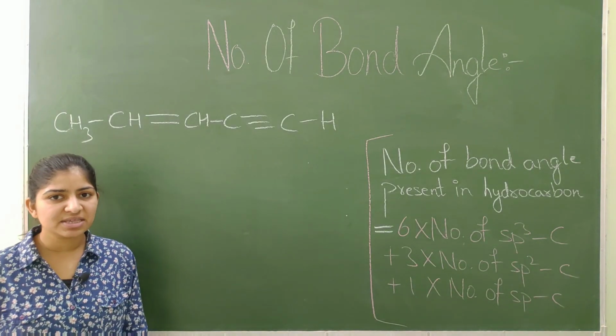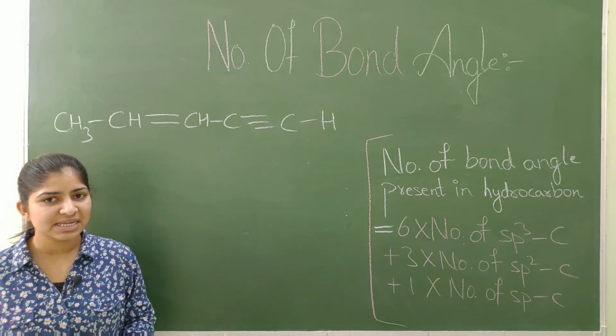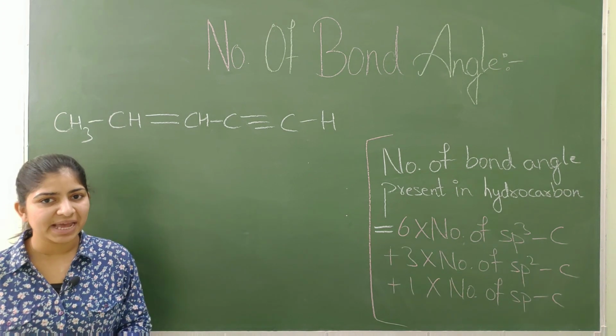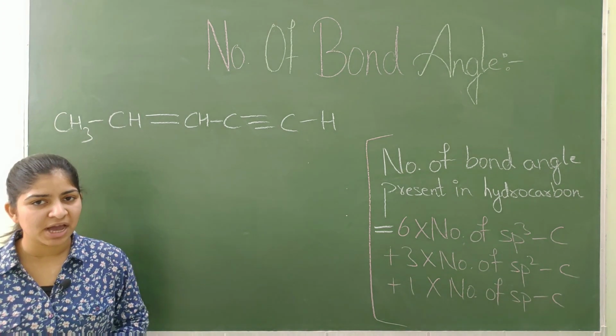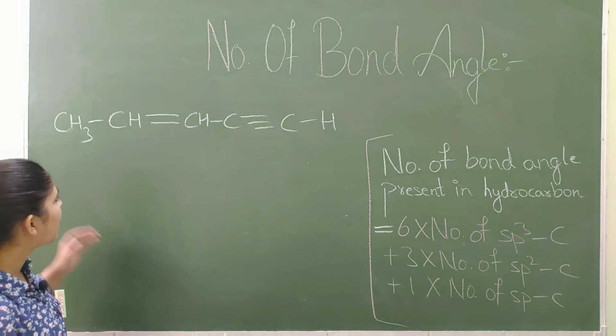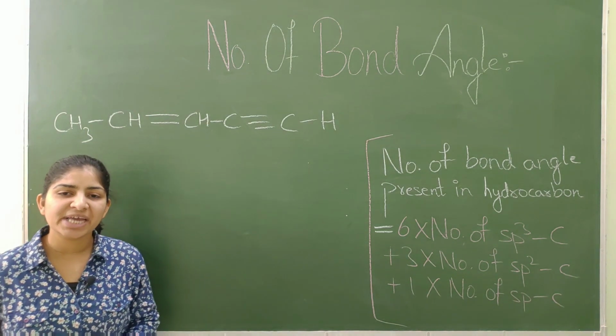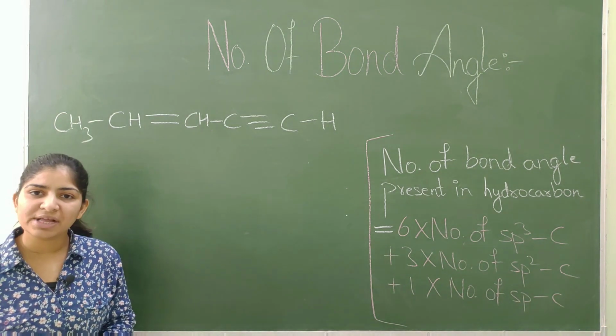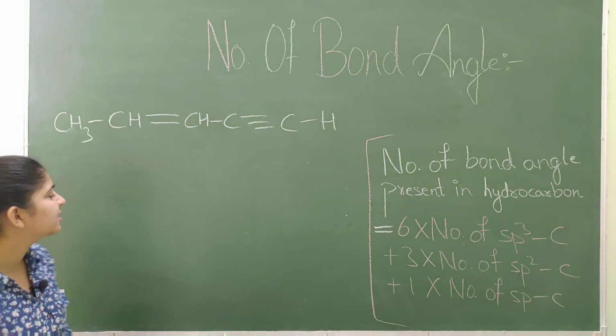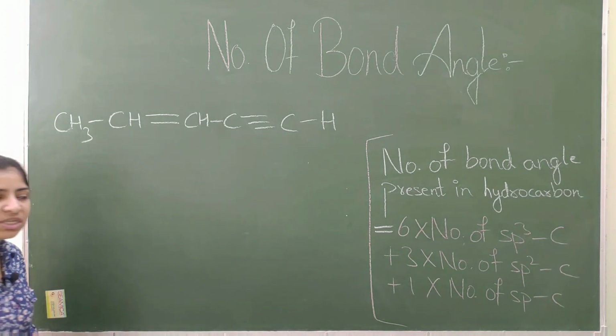Till now we have discussed the number of bond angles in case of sp3 carbon, sp2 carbon and sp carbon. Now if we have a carbon chain having sp3, sp2 and sp hybridized carbon, how do we calculate the total number of bond angles in this carbon chain?